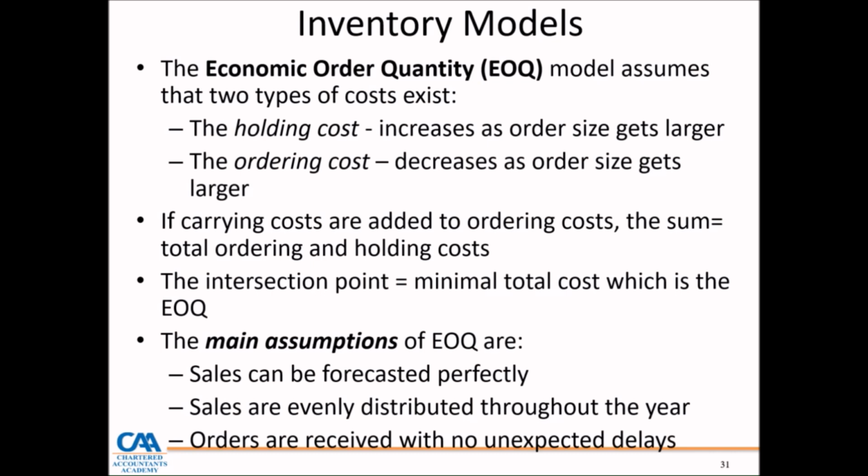So we expect that sales are going to be occurring evenly throughout the year. Orders are received with no unexpected delays. So these are the assumptions, and this will help you when you are reviewing an economic order quantity, as you'll be asked to discuss the qualitative factors or weaknesses of economic order quantity.